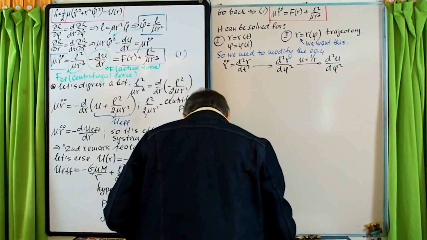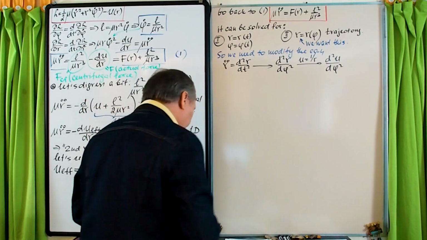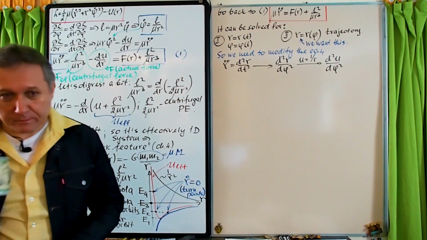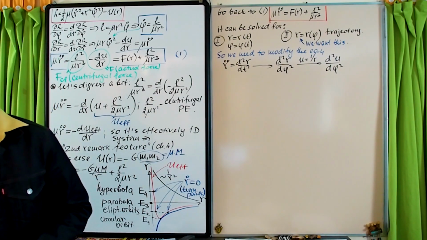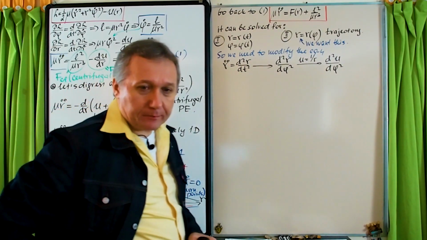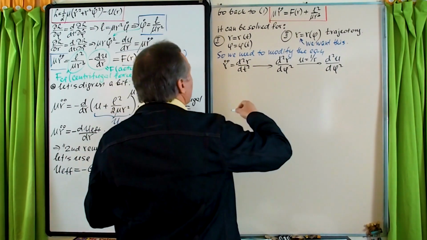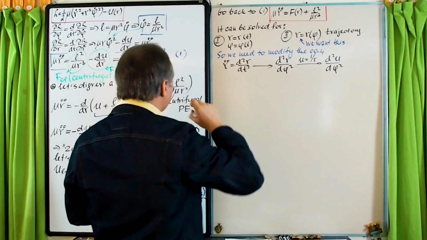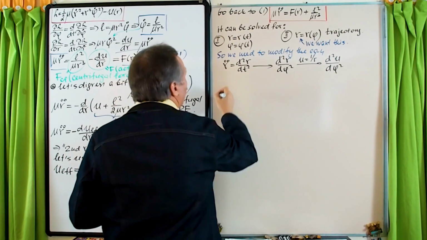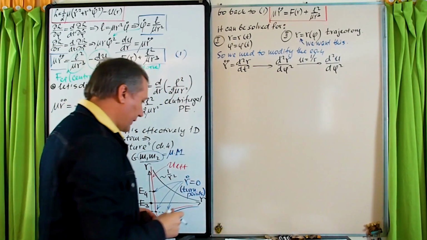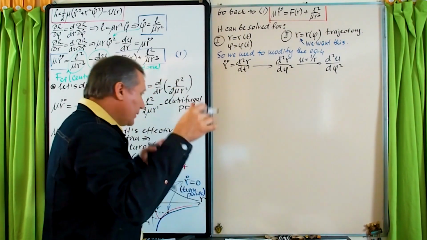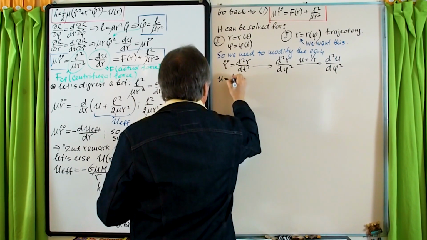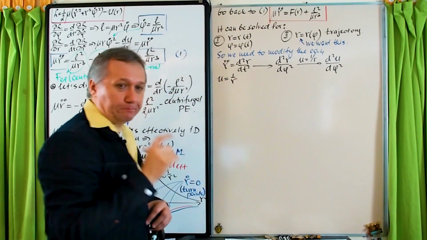Okay, let me check if I mentioned everything. It looks like it. So now, the actual massage. We need to get dr over d phi. Let me emphasize that u is 1 over r.